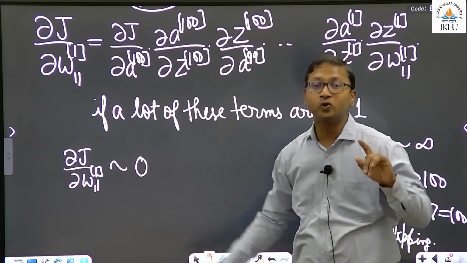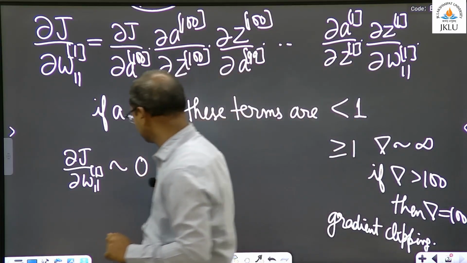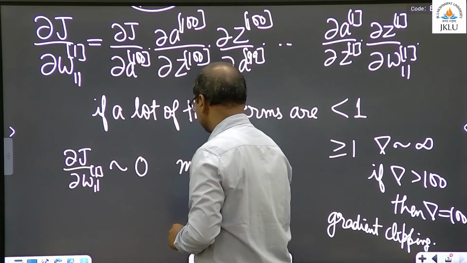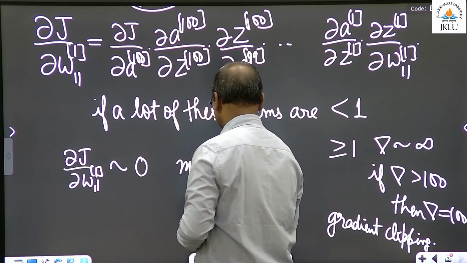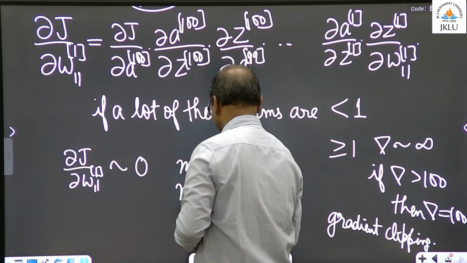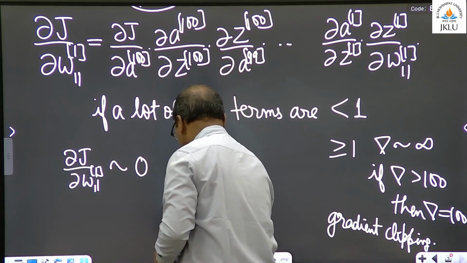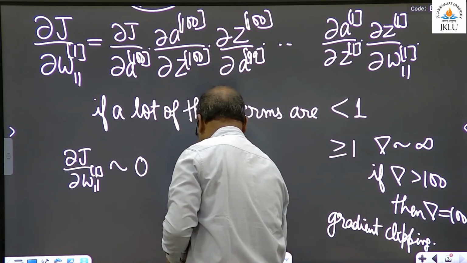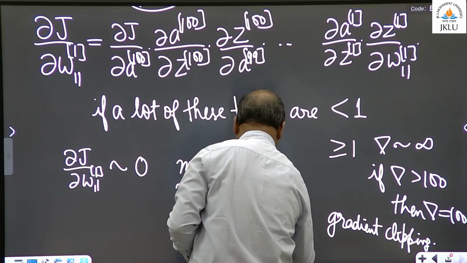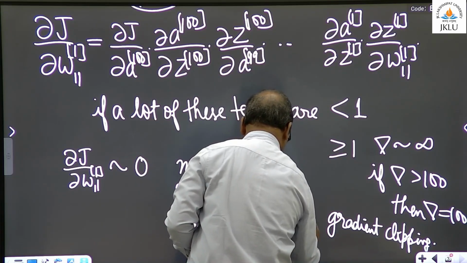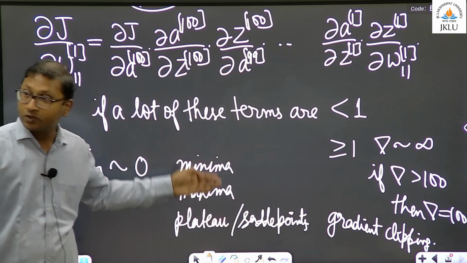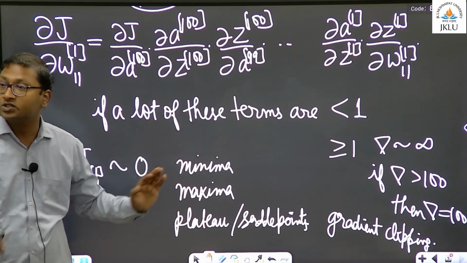They were supposed to go to 0 at minima, maxima, plateaus, saddle points. They were supposed to go to zero there, and these are good surfaces, we are fine.